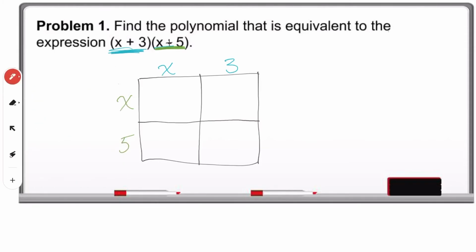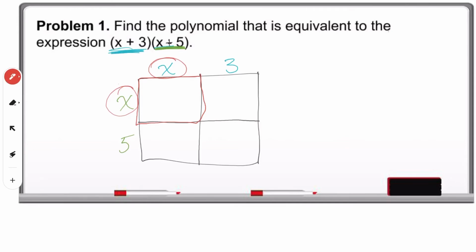The way we're filling up these boxes is we multiply the terms that are outside the boxes together, and it goes inside the box. For example, this top left box will be filled in with the product of this x and this x because they're outside of those boxes.